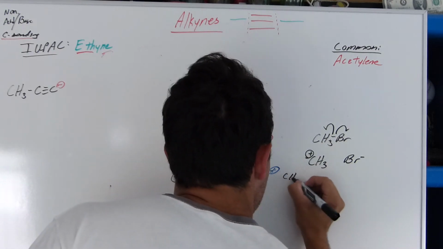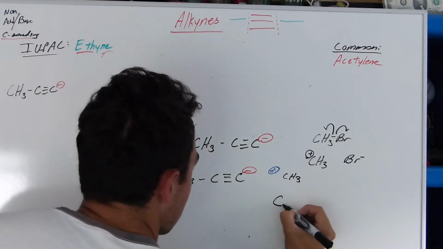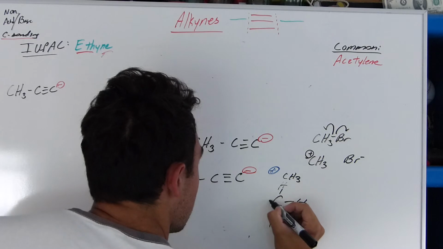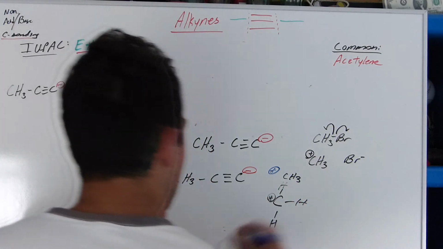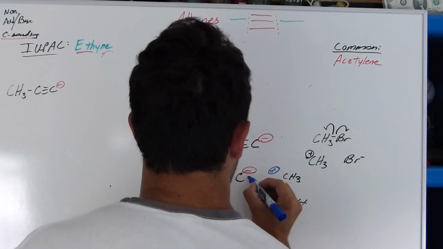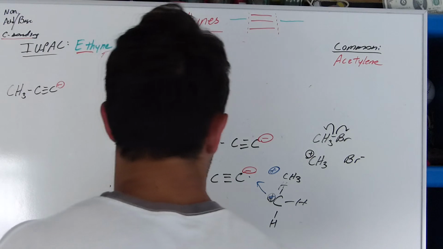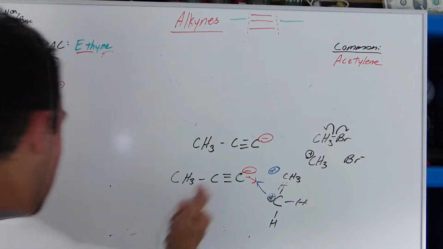So then we have our CH3, and they're going to come together. I want to draw this out a little better: hydrogen, hydrogen, hydrogen, and then we've got this plus charge, and then we have the negative. They're going to come together and form a bond. I know this is very dramatic, but this is what happens, and this is big stuff right here.